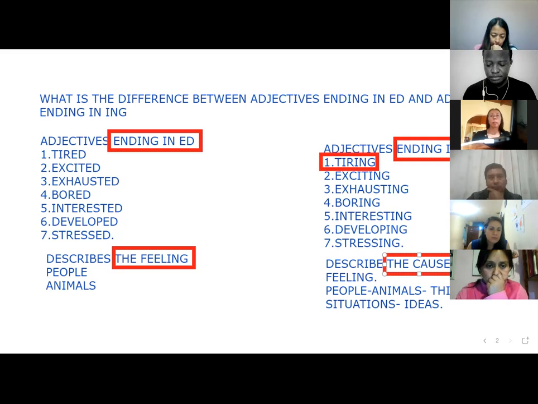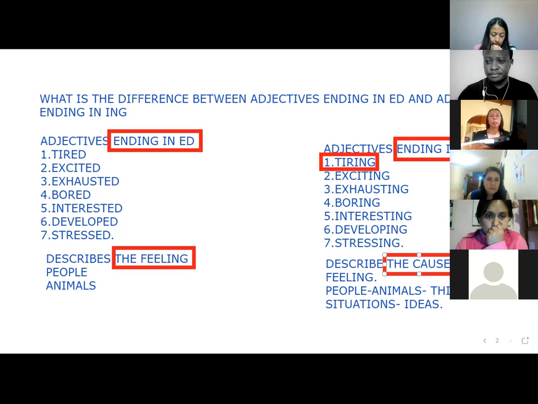And adjectives ending in ing, we use this to describe the cause of the feeling, and we have to mention this can be people, animals, things, ideas, and situations.